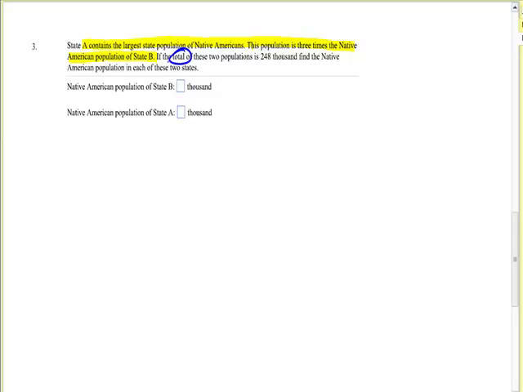All right, which one do I know nothing about? I don't know anything about State B. State A has 3 times as much. 3 times as much would be 3x. That will be State A.